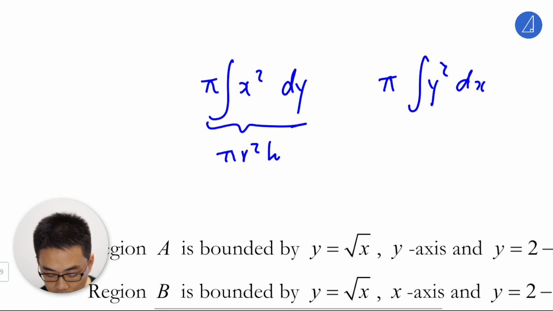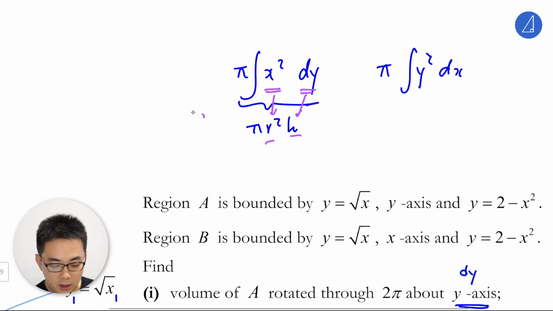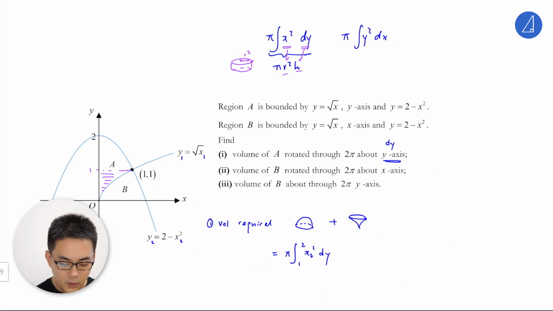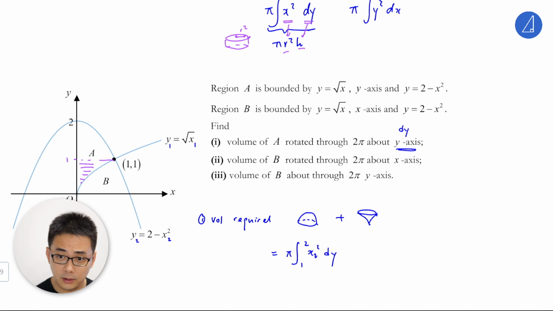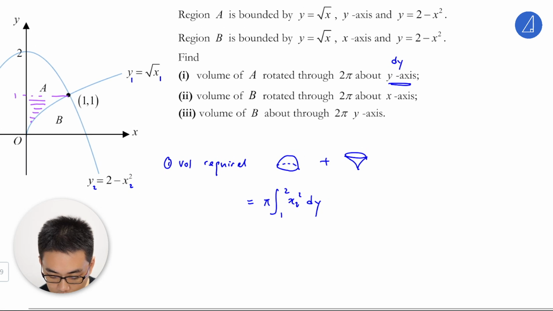So just know that this is your r squared. This dy is actually an incremental value of h. So you're using the volume of a cylinder, pi r squared h. So this is also the same thing. The pi here has nothing to do with the rotation. Just remember that. So for the second one, you are doing from 0 to 1.